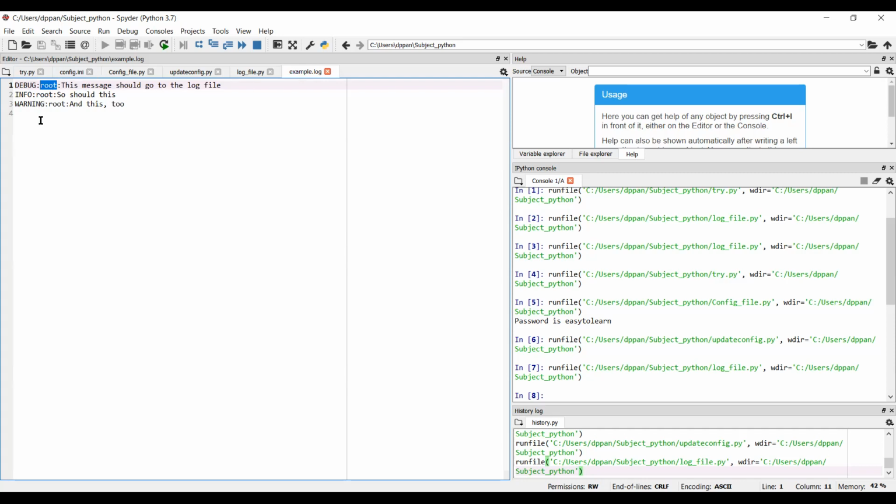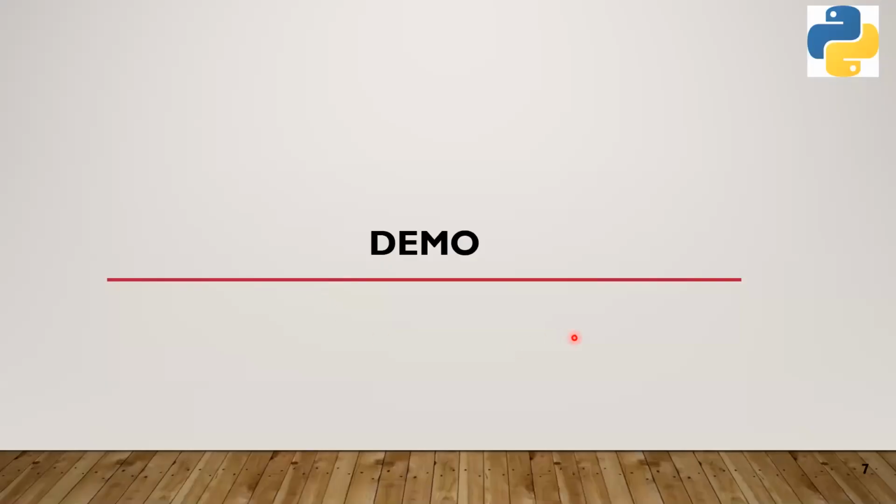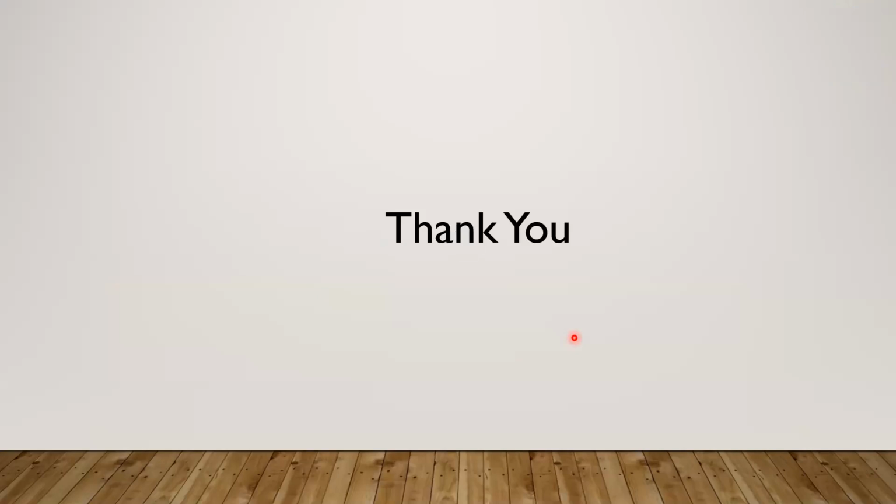Whenever you call your log_file Python file, you will be able to observe that whenever a debug or an actual warning comes up, this is the type of message that is going to be popped up over here. Okay, so this is all about log files as well as config files. Thank you all.